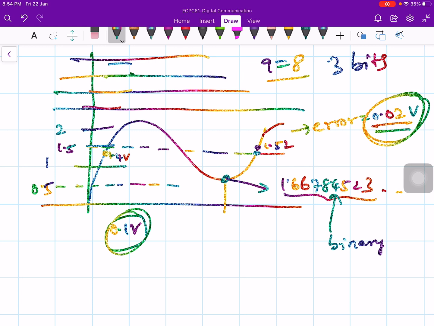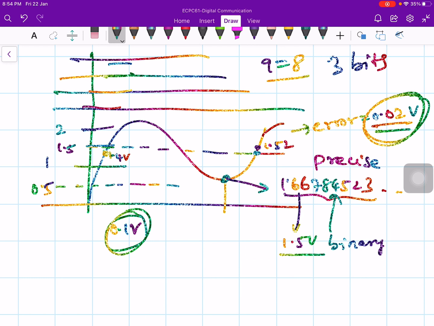So this is my precise value, and you cannot transmit the precise value as it is. So what you do is you generally approximate this to 1.5 volts, like this. Only an approximation of it, in terms of the quantization, is actually transmitted.